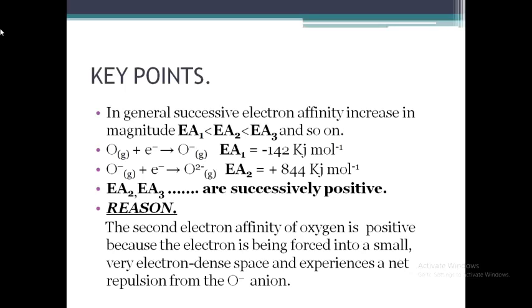This is the same reason why the third electron affinity is also positive, because in the case of third electron affinity, you are adding an electron to an already 2 negative charged anion. So a net extreme repulsion is seen. So to counter that repulsion, you have to do work to maintain that electron within the ultimate shell of the negatively charged anion.